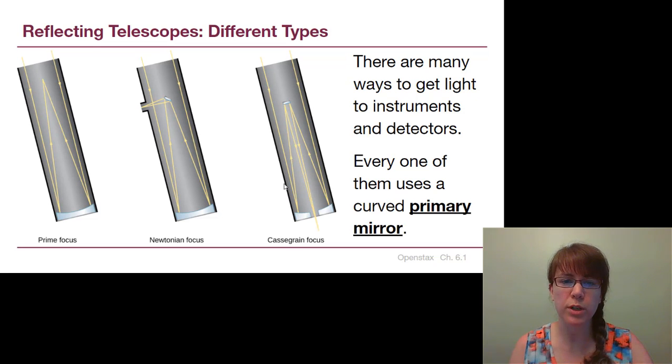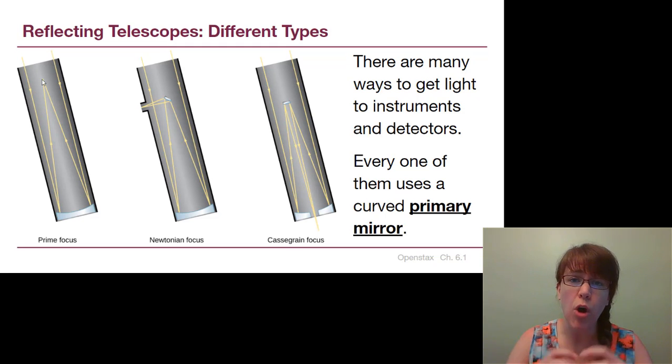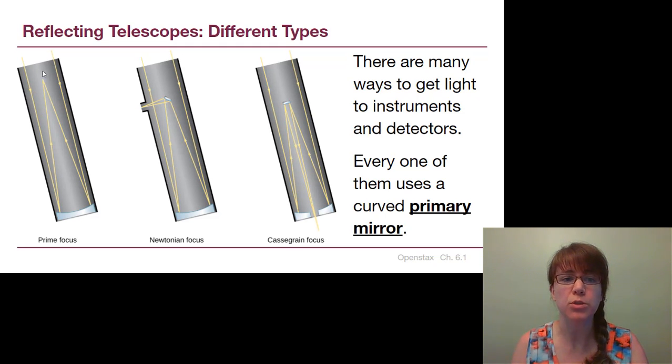So for a prime focus telescope here on the far left, the light comes to a single point within the telescope tube, which means that the couple of astronomical scientific observatories that use prime focus actually have to have all of their instruments and computers inside the telescope tube to receive that light inside the tube itself.